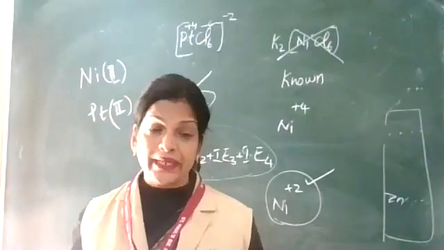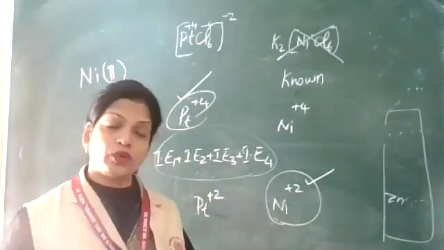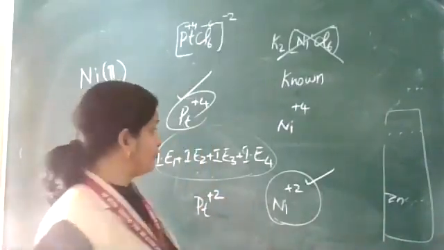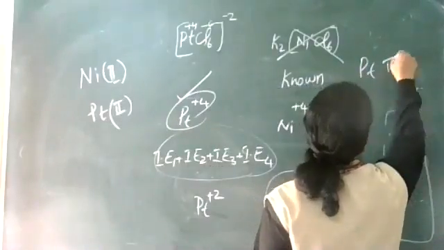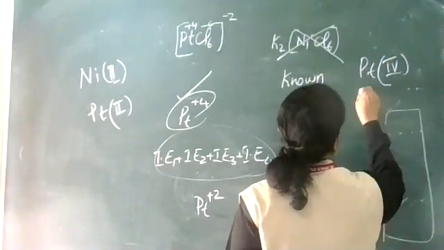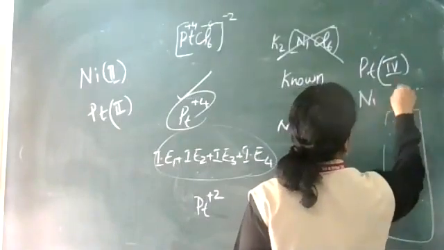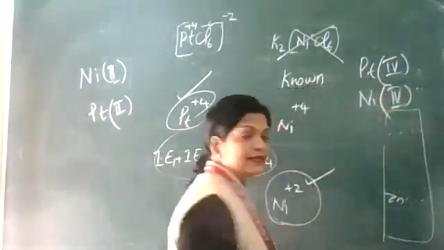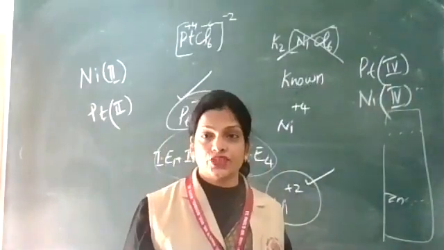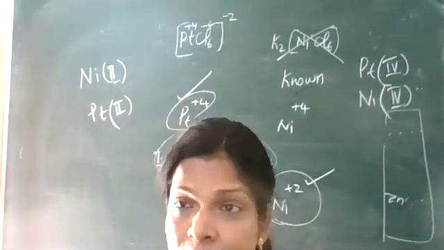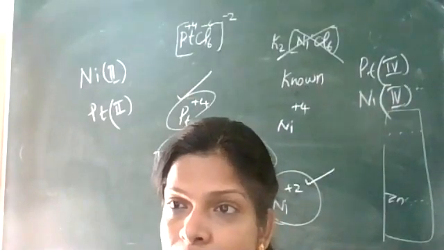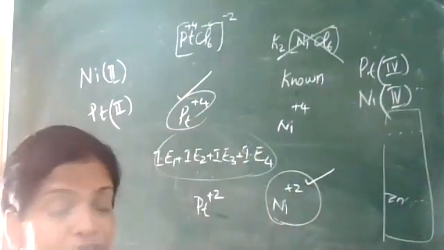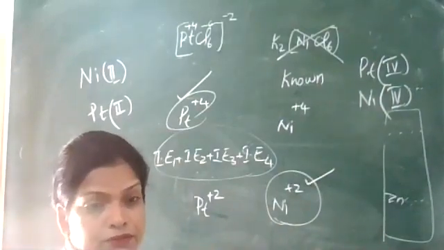Whereas Pt4 compounds are more stable than Ni4 compounds. So you have to write in terms of ionization energy: how much energy we have to give.